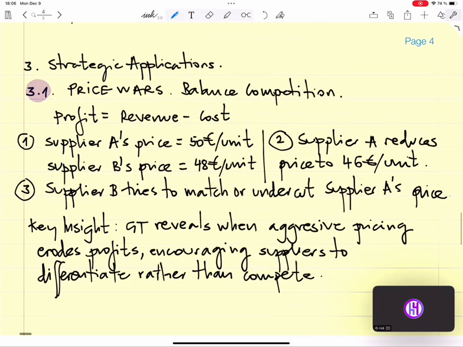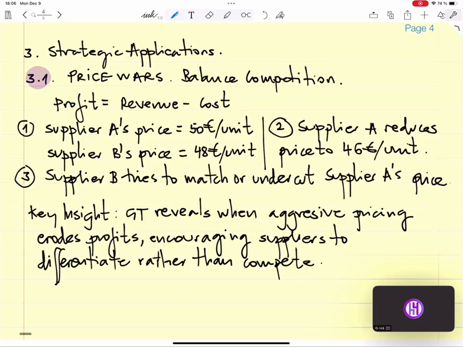So the second example or strategic application 3.2 would be something called auction-based sourcing.